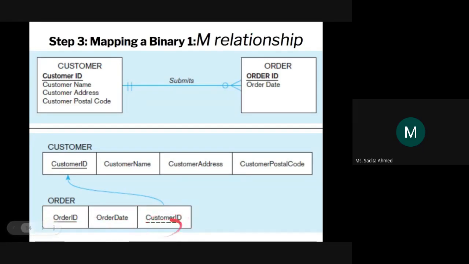In each row there is only one customer ID, because a single order is placed by a single customer. So the customer ID value is always a single value, because exactly one.